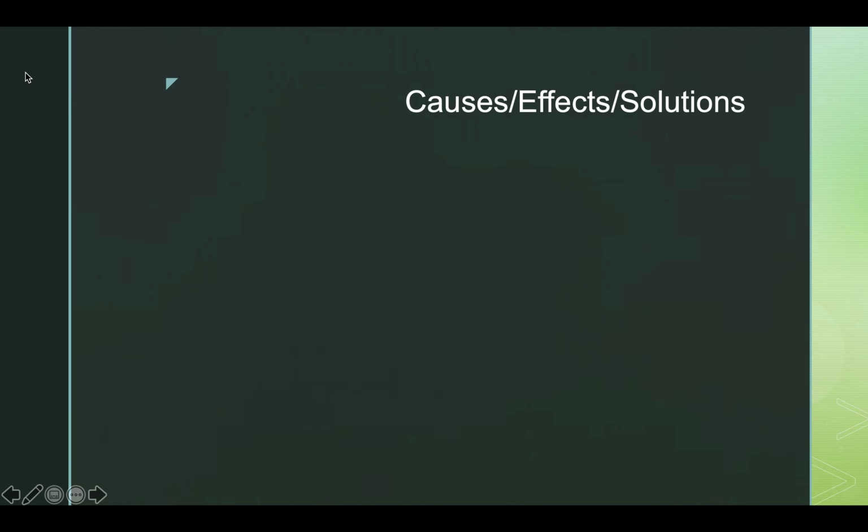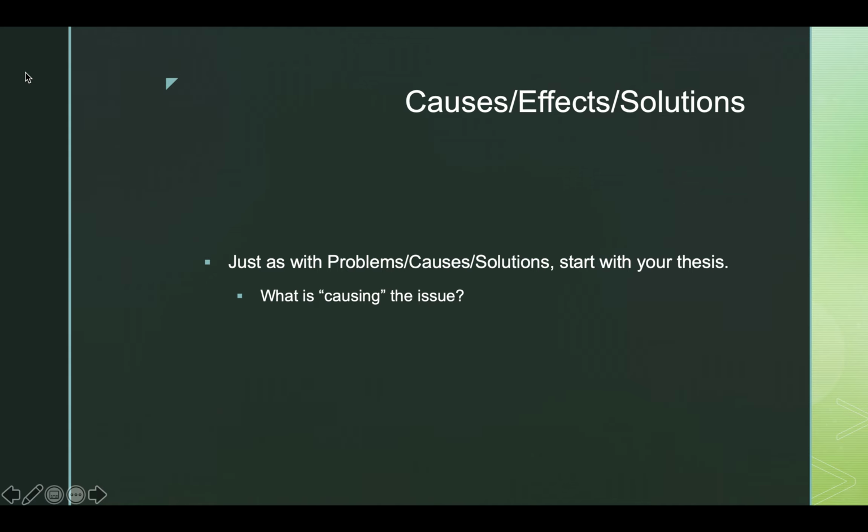Now, another organizational structure that's very similar to problems, causes, and solutions for persuasive speeches is taking it as causes, effects, and solutions. But you're basically doing the same thing. You're starting with your thesis and you're saying, what is causing the issue that I'm describing in my thesis?